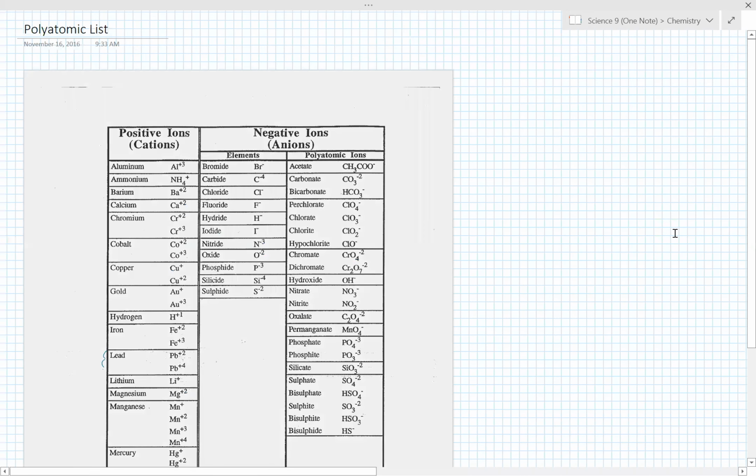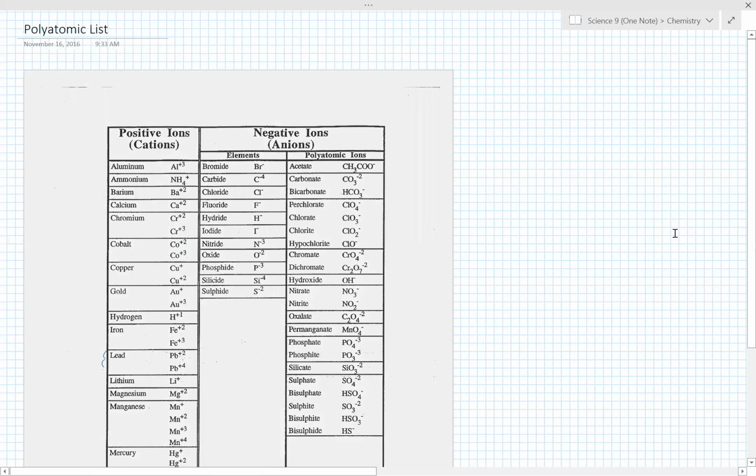Again, if we go back here, this is -2. The lowest common multiple is 2. So this would be a multiplier of 2 and this would be a multiplier of 1. So it would be Na2O1.